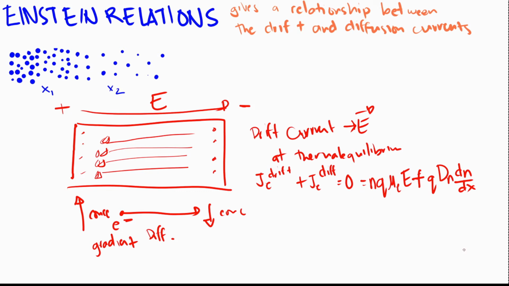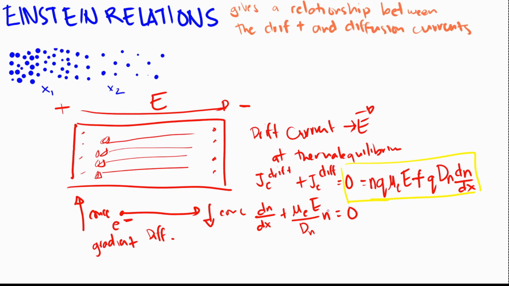This relation here is actually a first order differential equation. Writing this first order differential equation, dn over dx plus mu E over Dn n is equal to 0.